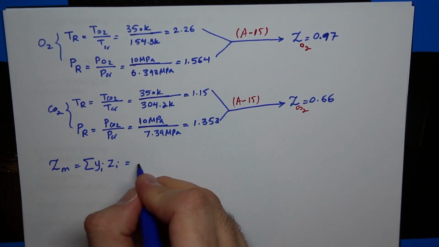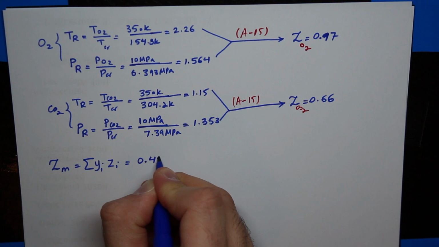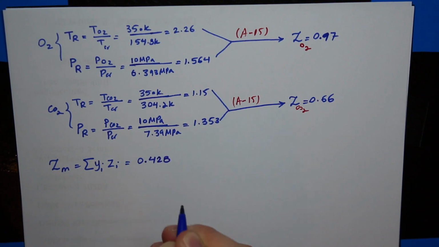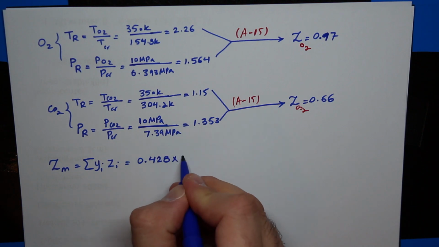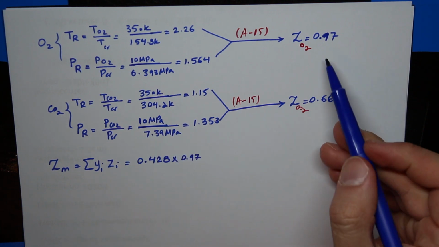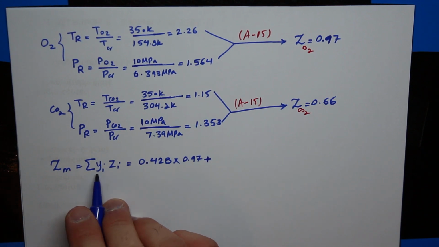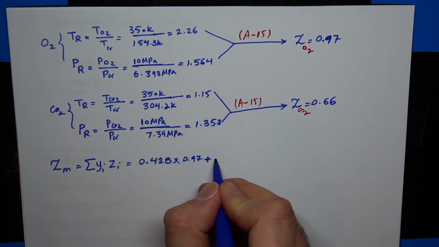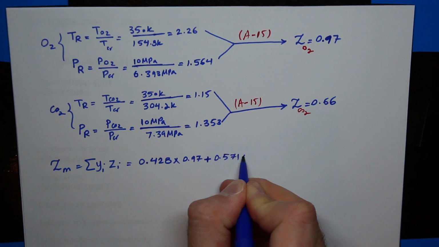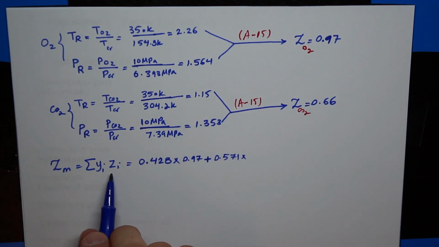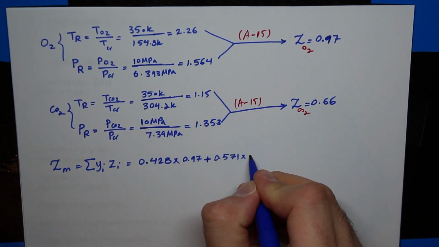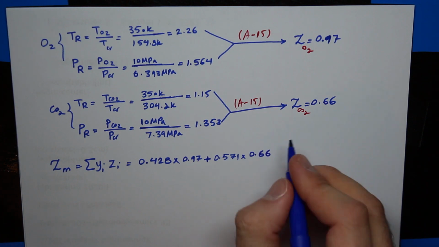For oxygen, my mole fraction is 0.428 and my Z for oxygen is 0.97, plus my mole fraction for CO2, 0.571, multiplied by my Z for CO2, 0.66.